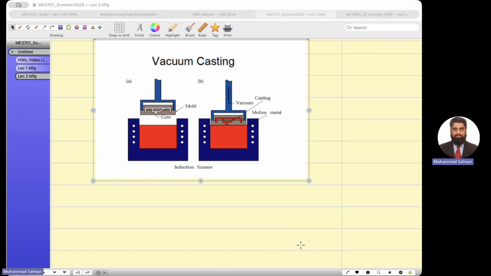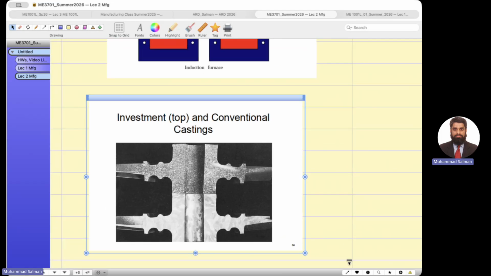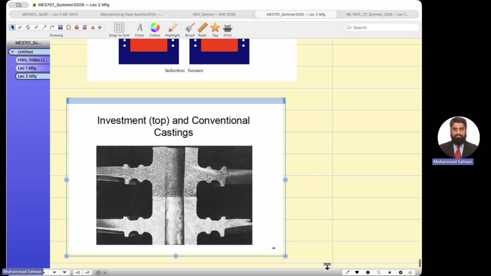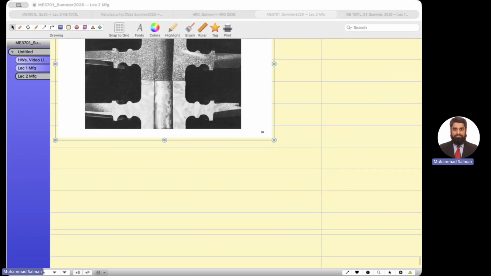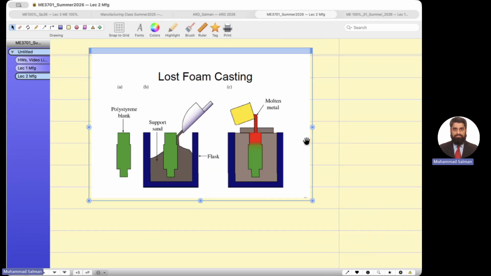Investment casting versus the conventional casting. Surface finishes differ in investment. Lost foam, like you have a styrofoam shape, when you pour the metal, the foam burns away, and you are left with a blank.